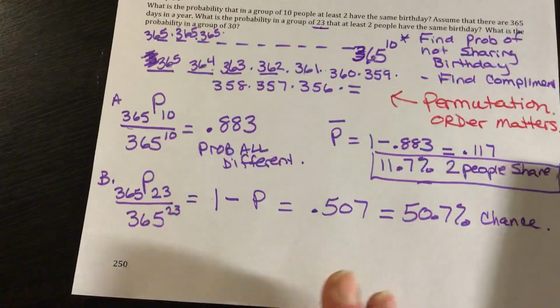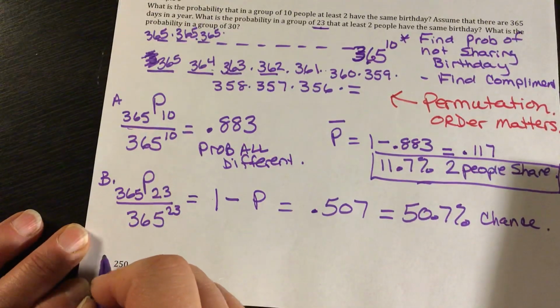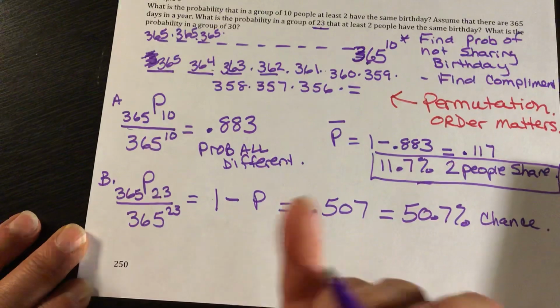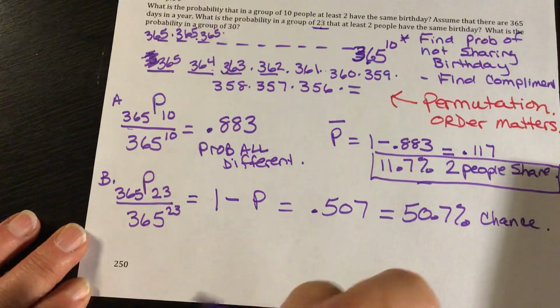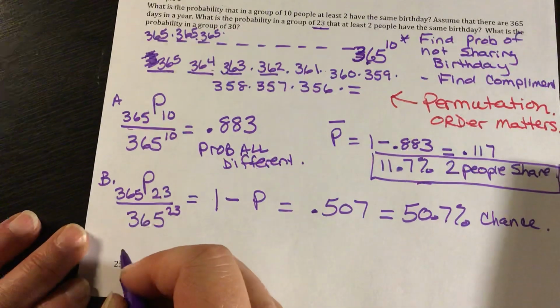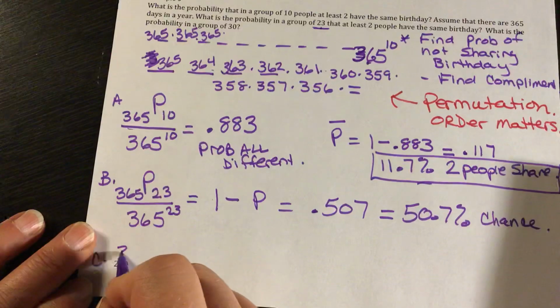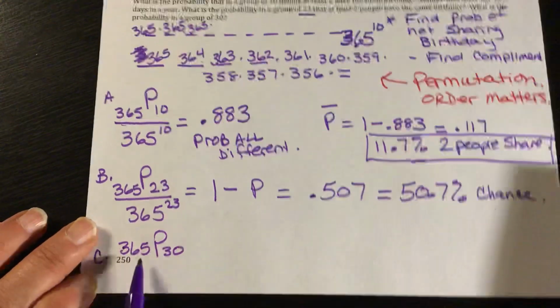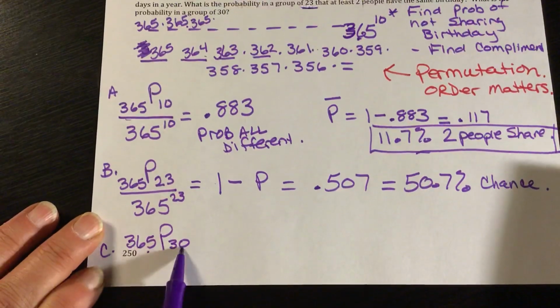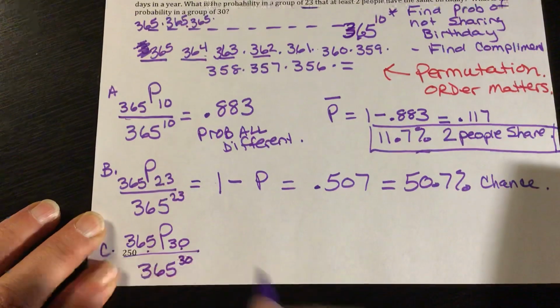And for this last one, now I'm making the group even bigger. I'm going to have 30 people, like in a normal class. What's the probability that 2 people in the same class have the same birthday? I'm going to start with 365, choose 30, over 365 to the 30th power.